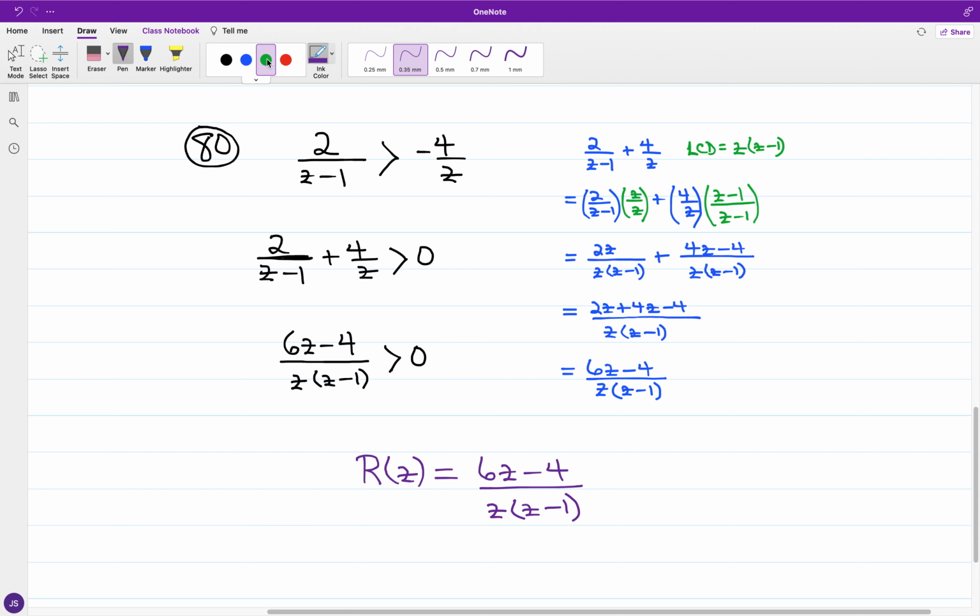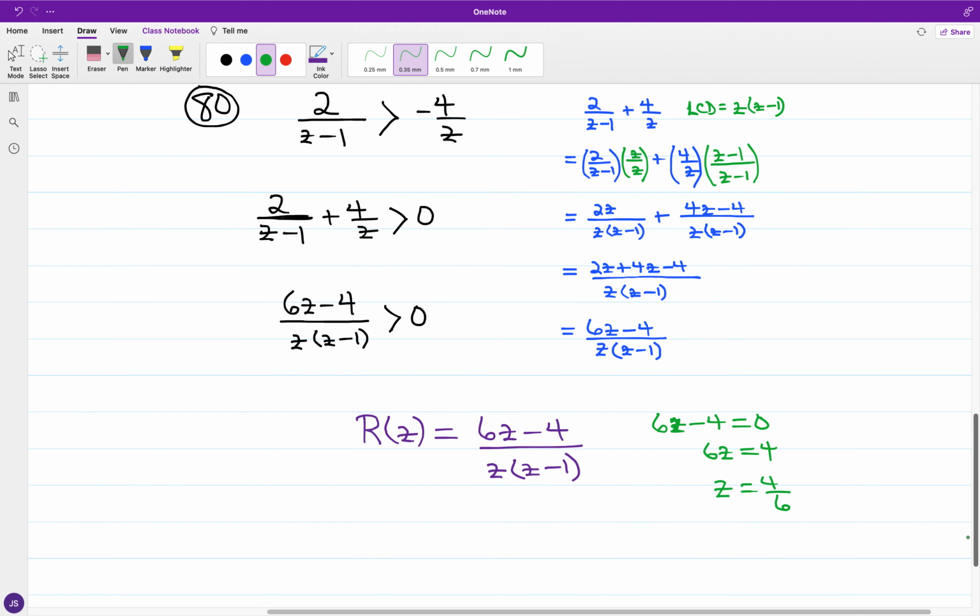If I attain the 0 from the numerator, I have 6z minus 4 is equal to 0. If I move the 4 over, 6z is equal to 4, and with division by 6, we have that z is equal to 4/6, and for this ratio, we can reduce this all the way down to 2/3.